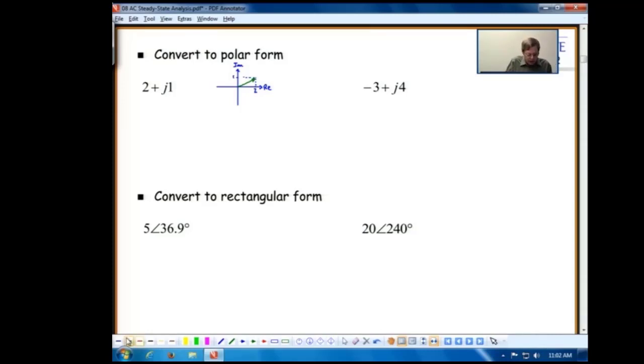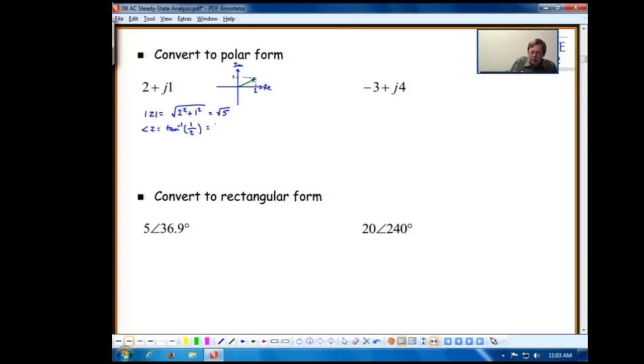So if I want to convert that complex number to polar form, I would do the magnitude first. The magnitude of z equals the square root of the real part squared plus the imaginary part squared. So that's root 5. And then the angle of z is the inverse tangent of imaginary over real.